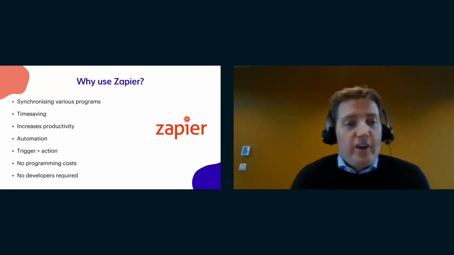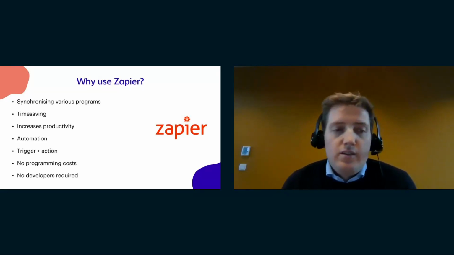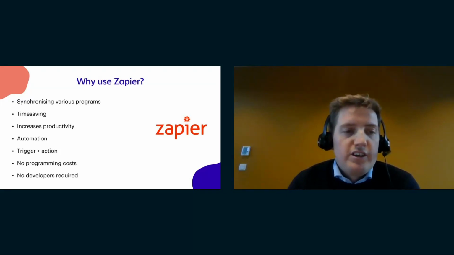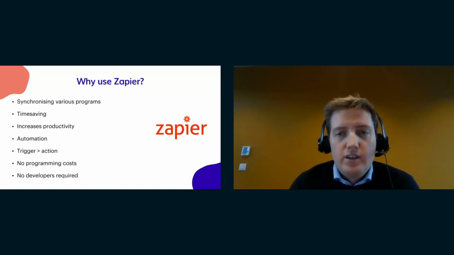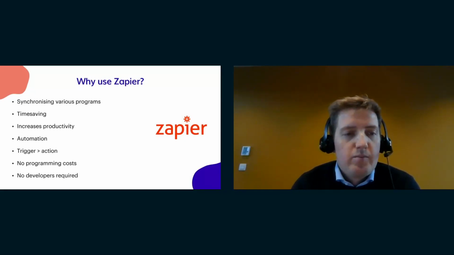This is where Zapier comes in. In this way, you can conveniently connect all those programs and synchronize them together, so there's no need anymore for switching between them. This will save you a lot of time. You can spend this time on other tasks, and this will increase productivity.